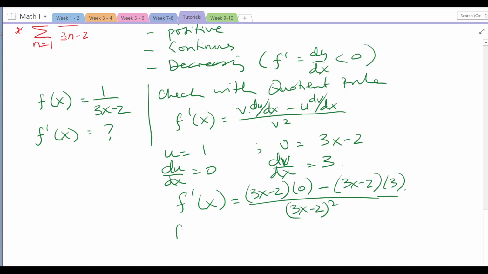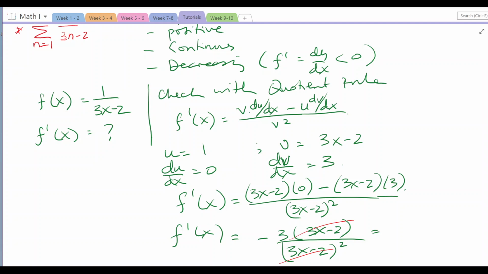So overall, our first derivative gives a negative 3, and the 3x minus 2 can be cancelled. We have 3x minus 2 also in the square, so you can cancel one of them.